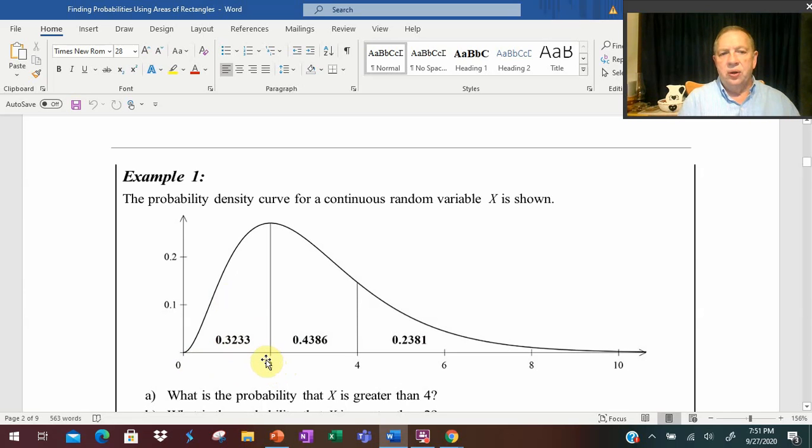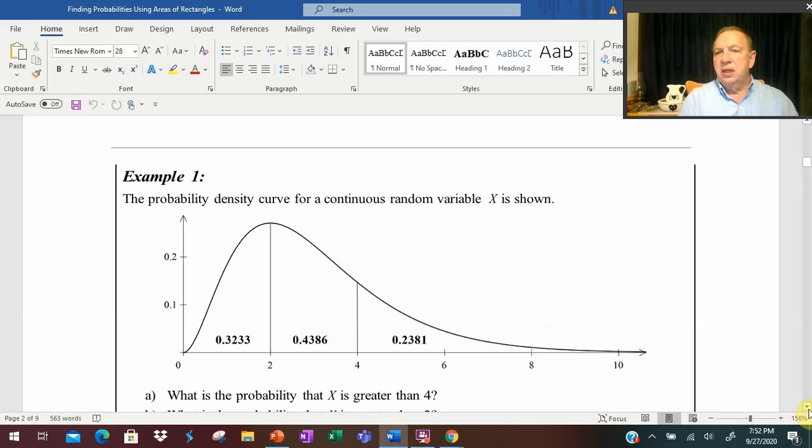Between 2 and 0, the probability is 0.3233. Everything is 1, so that's almost a third of the area. Here's a little over a third between 2 and 4: the probability that something was in here would be 0.4386. And the rest of the way out, there's no stopping point, so all the way over, X greater than 4, would be 0.2381.